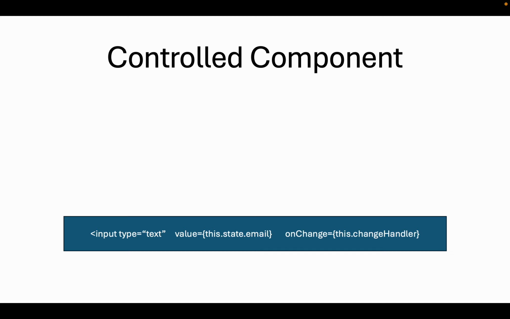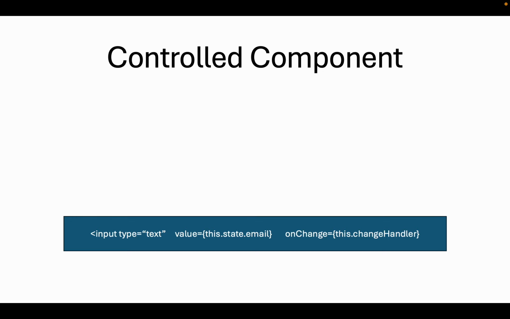You guys see the traditional input looks like this, the one appearing on the screen. Input type text value. The value for input in a React.js component we always store in a state. So we will say this.state.email.